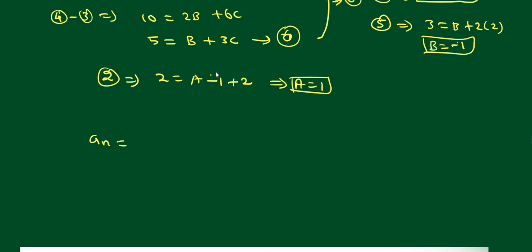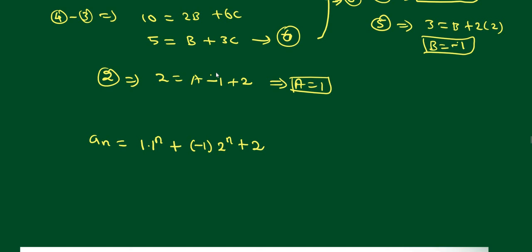A n is equal to A into 1 power n. What is the A value? That is 1. So you write 1 into 1 power n plus B into 2 power n. What is B here? The B value is minus 1. So minus 1 into 2 power n plus C into 3 power n. The C value is 2, we found it already.